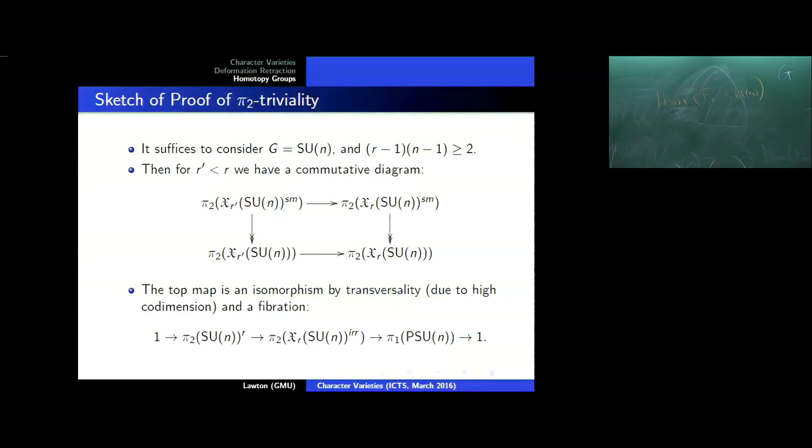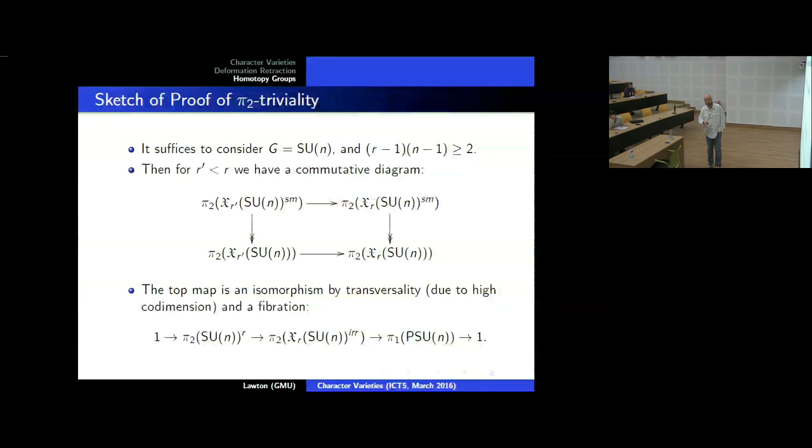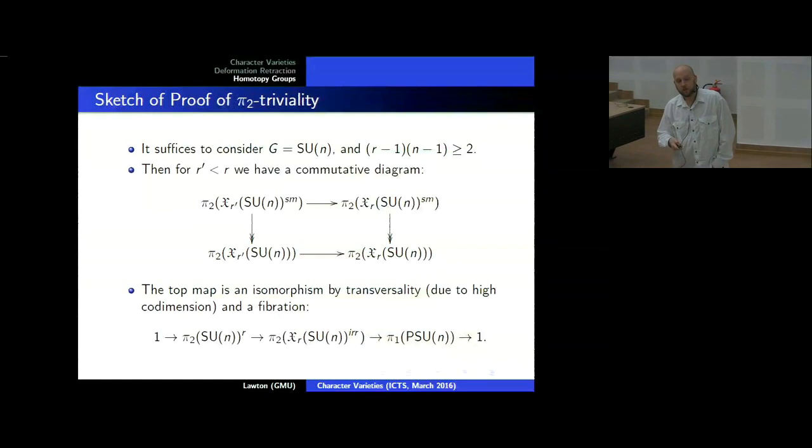So the transversality and a codimension count allows us to replace pi 2 of Hom of the irreducible locus with pi 2 of just the product of Lie groups. But this is trivial because it's pi 2 of a compact Lie group. So we just have an isomorphism here, and this, independent of R, is isomorphic to the same thing. That effectively shows that these are isomorphic, because they're both isomorphic to the same thing, and you have to show that the little triangle that's not written there commutes, but the top of the triangle is this. So this is an isomorphism.